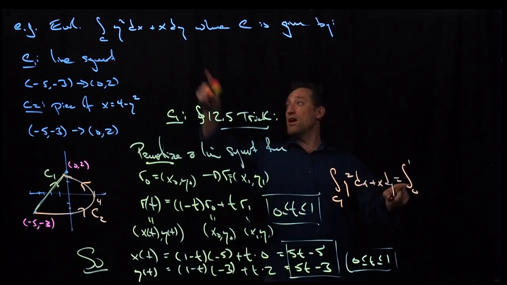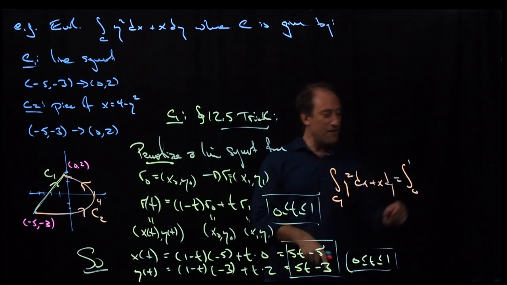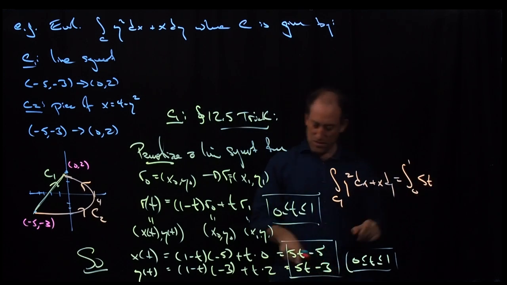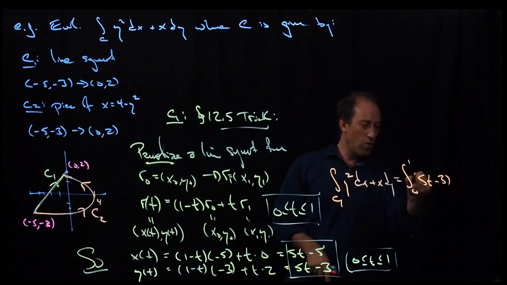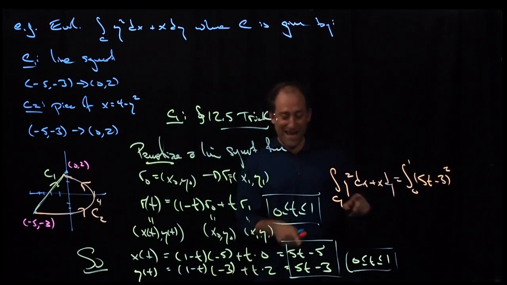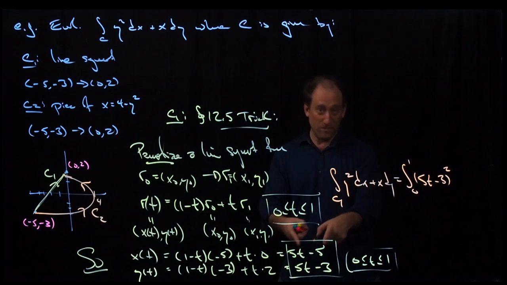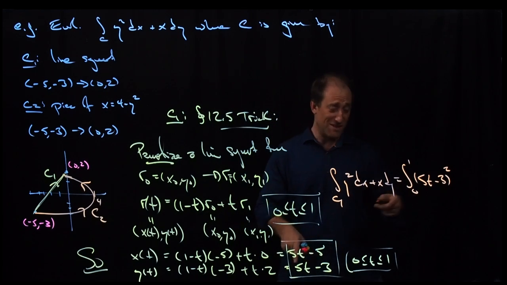The integral 0 to 1 for the y squared, I put in the 5t minus 3 quantity squared, and the dx will just be a 5 because, well, the derivative of 5t with respect to t is 5.